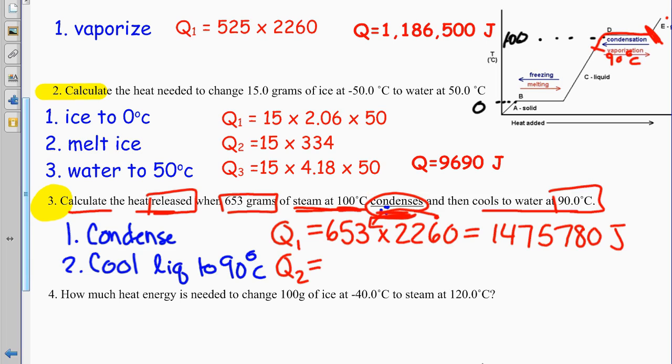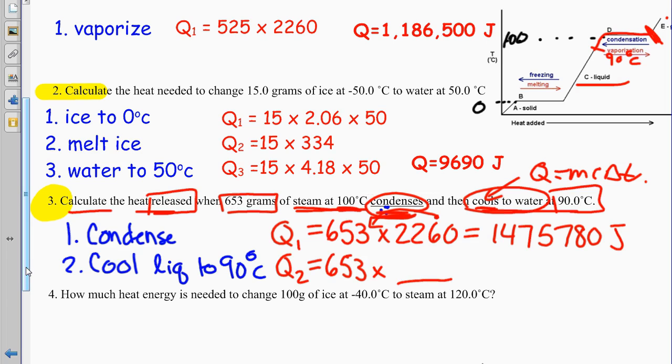Q2, it says I'm going to cool to water. If I'm cooling, that means I'm going to use Q is equal to MC delta T. Right in our wheelhouse now. M is 653. Okay. Times, we are in the liquid phase, so we should know that our C is 4.18. Times, now this can be kind of tricky.